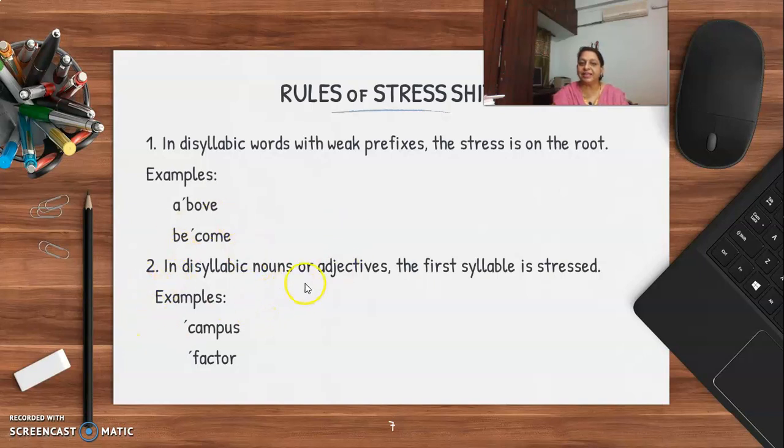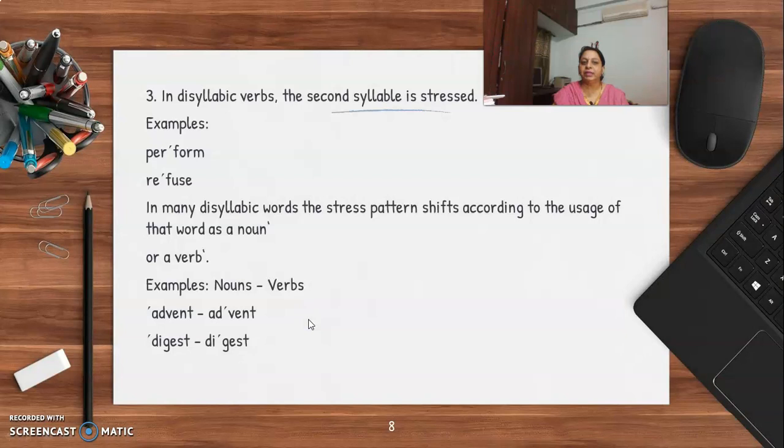Then the second one: in disyllabic nouns or adjectives, the first syllable is stressed, like campus, factor. Then the third one: in disyllabic verbs, the second syllable is stressed, so perform, refuse. In many disyllabic words, the stress pattern shifts according to the usage of that word as a noun or a verb.